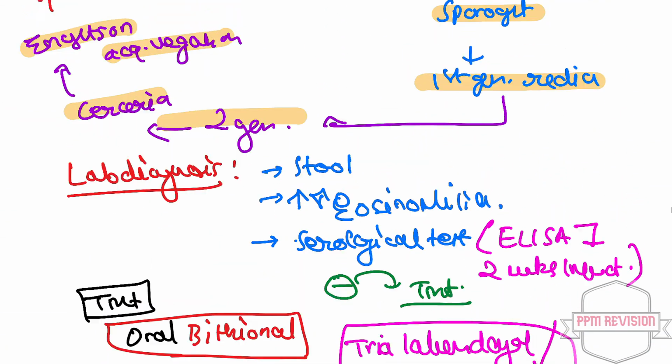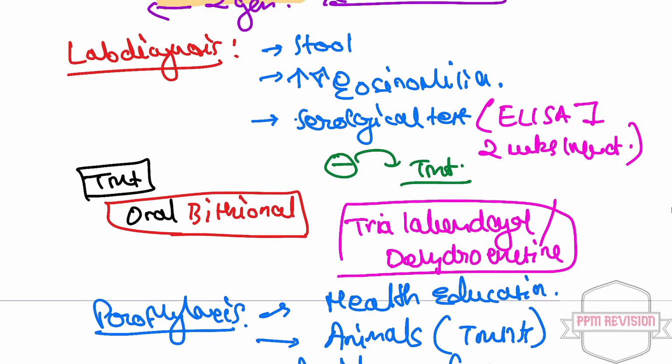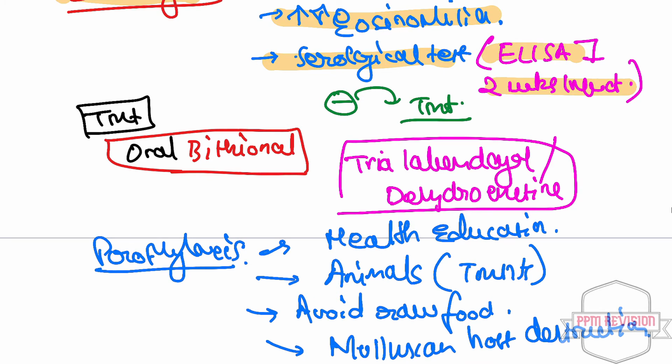Now just repeating the points. Lab diagnosis: we have the examination of the stool, an increase in eosinophilia, and serological tests such as ELISA. In case of a negative result, that means the treatment has begun.